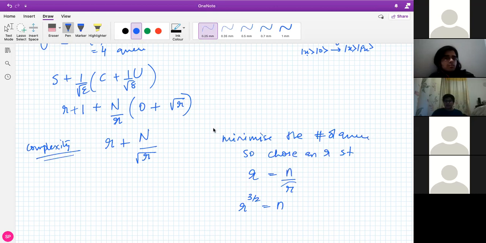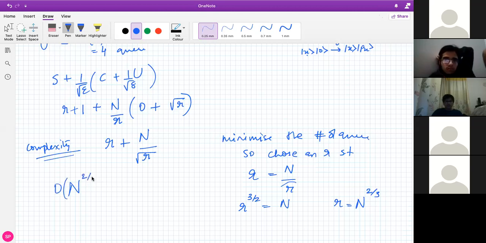So we have r equals n to the 2 by 3 queries. So you plug that back in, and you know that you will need order this many queries to solve the collision problem quantumly.